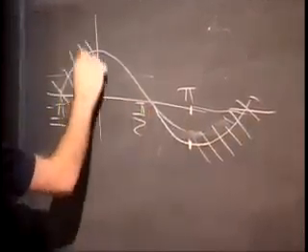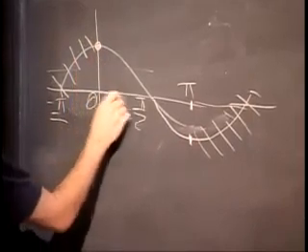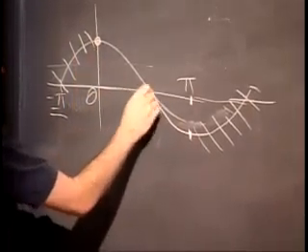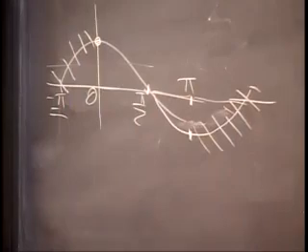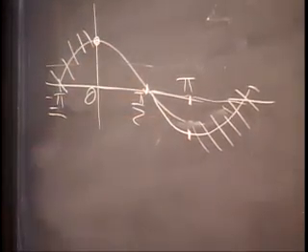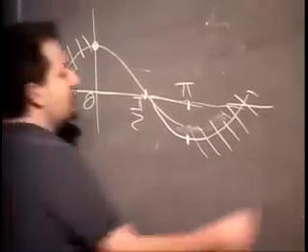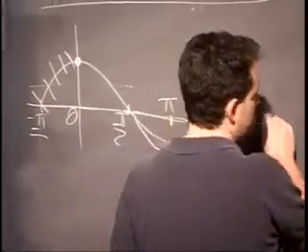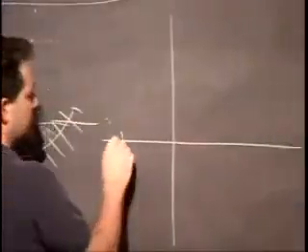Its derivative is minus sine, which is positive in the first and the second quadrants. Well, the sine is, and minus sine is negative. So this function's always decreasing. And so that inspires an inverse function that looks like this.